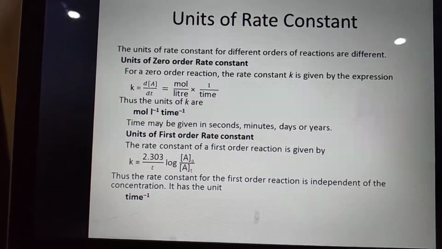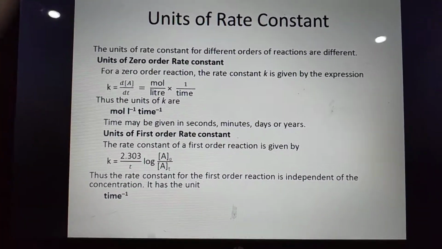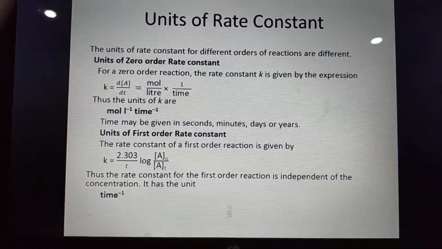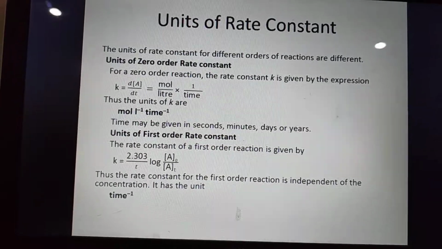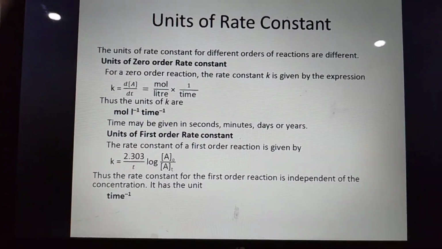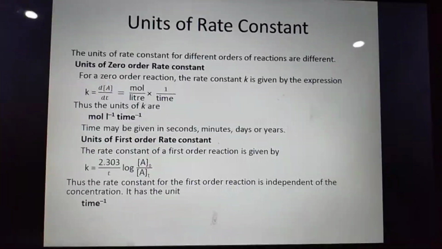Now, very important: units of the rate constant. The units of the rate constant for different orders of reactions, such as zero order, first order, second order and third order, are different. So, units of the zero order rate constant.